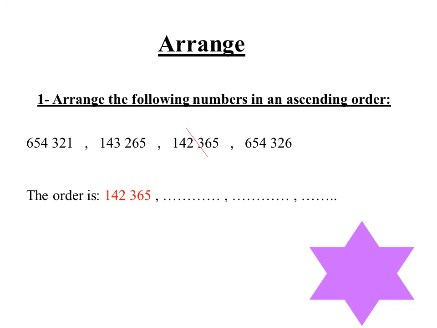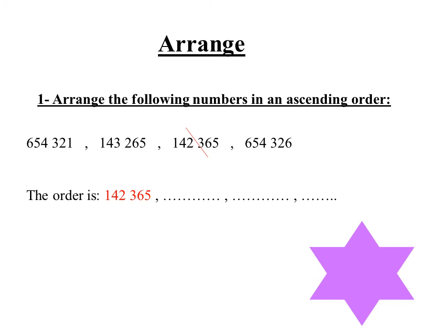So we have to compare first the greatest place, which is 100,000. The first number has 6 in the 100,000. The second one has 1. The third one has 1. The fourth one has 6. So two numbers have 1 in their hundred thousands place.